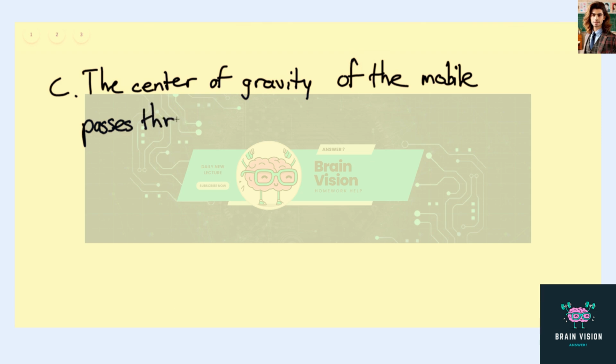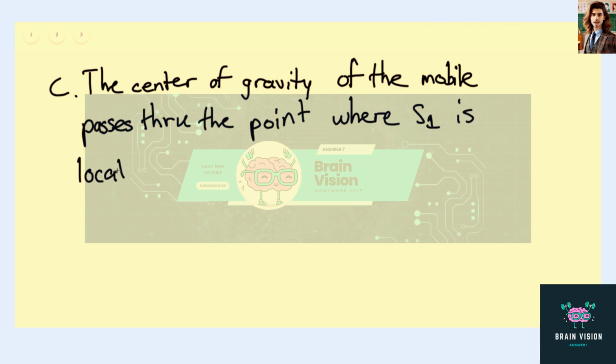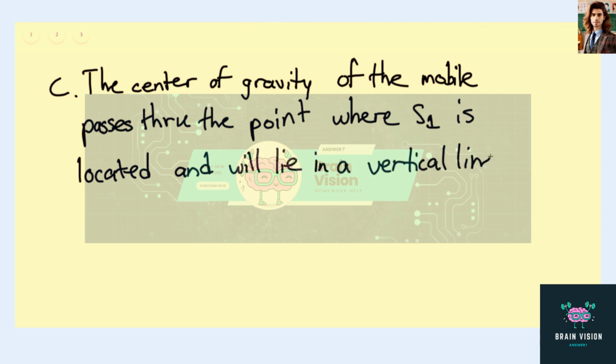So the center of gravity of the mobile passes through the point where S1 is located, and will lie in a vertical line. So that would be the center of gravity for part C.